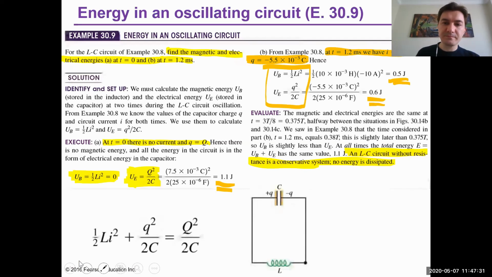But we consider that there is no resistance in that system, so no energy is dissipated due to the resistance. And this is the ideal case, but in reality it is not like this.